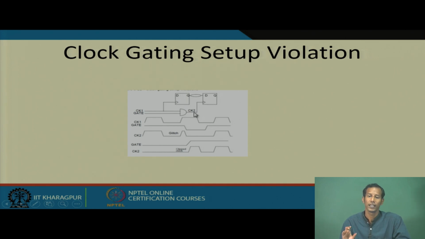A glitch is an unwanted signal in our desired signal. Whenever it finds 1, the unwanted data will be sampled in the second flip flop. That is why, whenever we are doing gated clock circuit design, we must be very careful so that this glitch does not occur in the circuit.